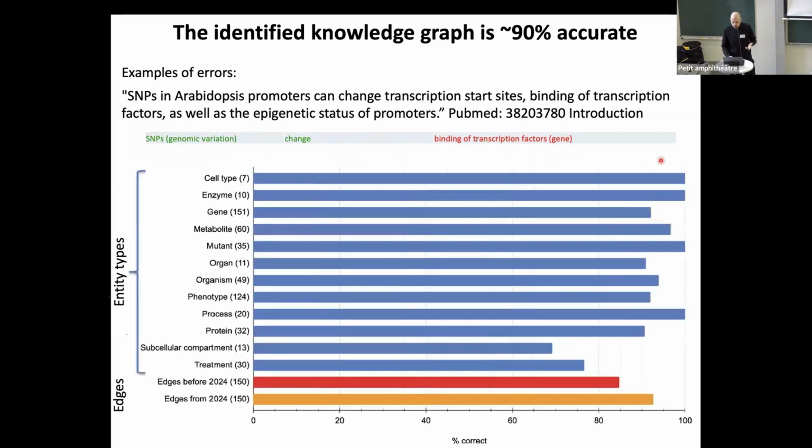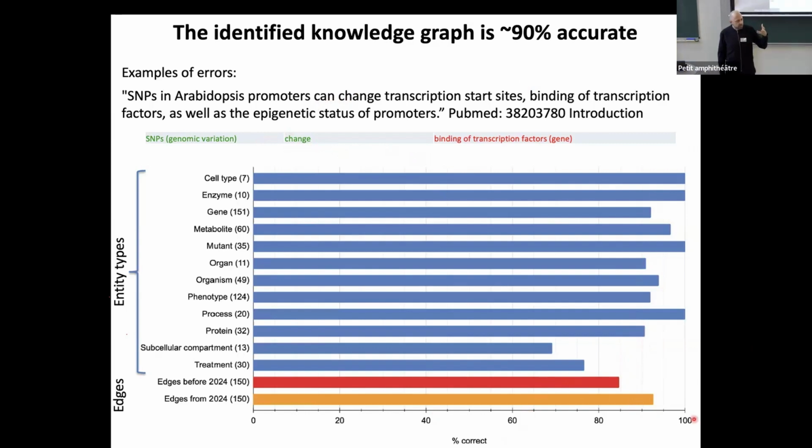So overall, we found that the extracted information is of quite high accuracy. For predicting the types of the entities, we observed for most cases accuracy of around 85%. And the accuracy of the relationships between the entities was more than 80%.